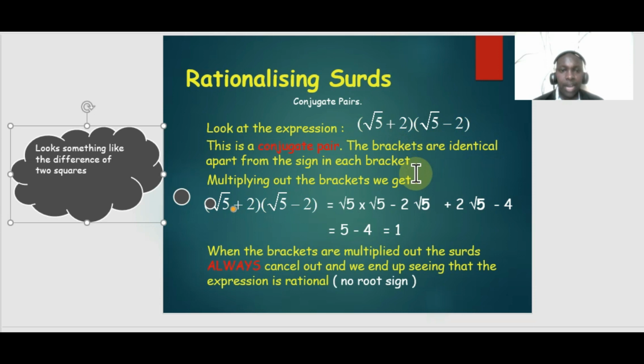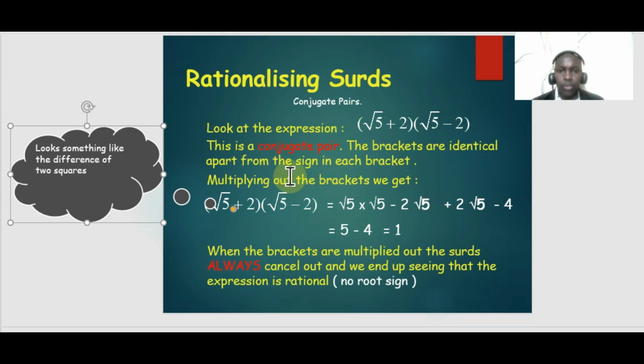The brackets are identical apart from the sign in each of the brackets. So when you look at this, everything is identical, root of 5, root of 5. But the only difference is this sign. This is plus, this is minus, this is negative. So this is what we call a conjugate pair. One is positive, everything is identical, but the only difference is that one of them has a different sign.